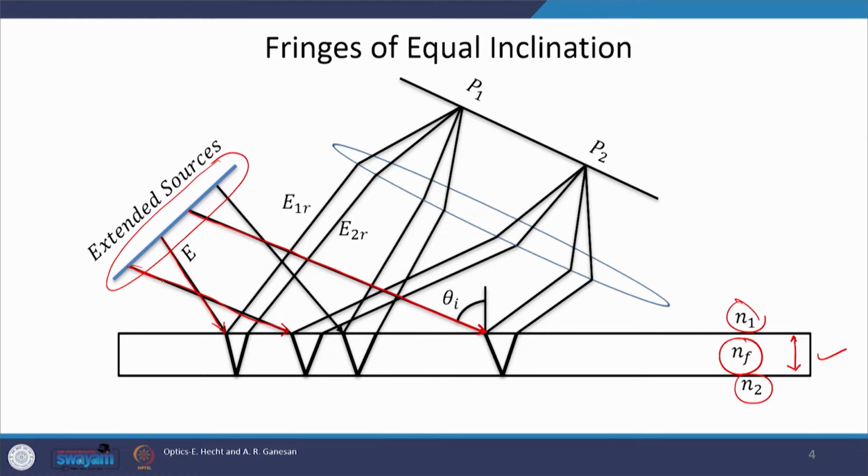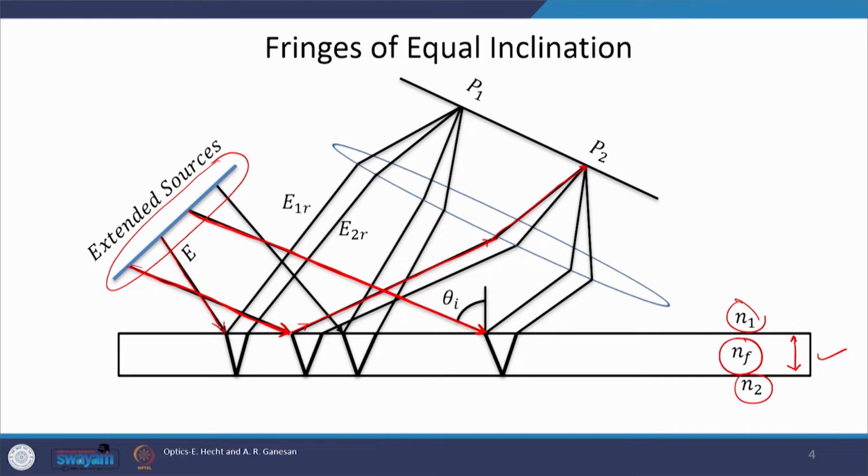These are the two rays or waves which are parallel and they are falling on the first interface of the film. After reflection this ray will go here, and then there is a converging lens which will tilt the direction and it will fall at point P2 on the screen.